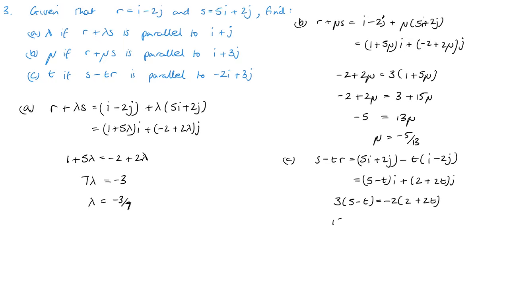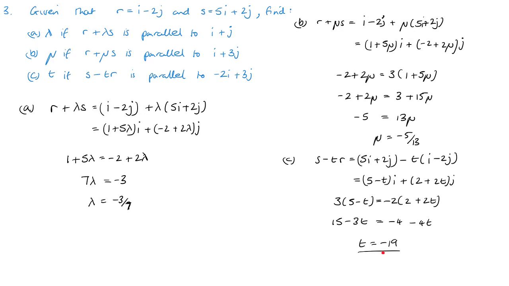So 15 minus 3t equals minus 4 minus 4t. Taking the t's to the left, we get 1t, and then taking the numbers to the right, we get minus 19.